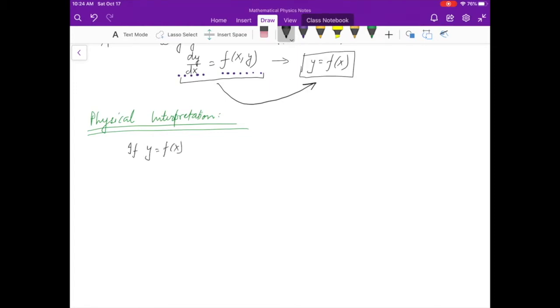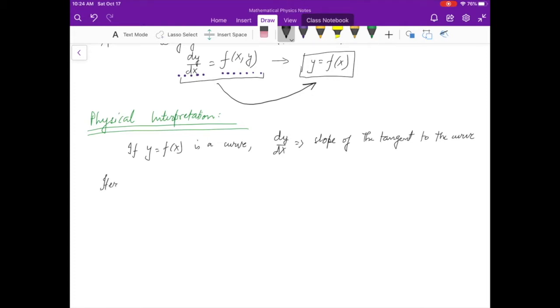So if y equals f(x) is a curve, we are proposing that this is a curve, so dy/dx is essentially the slope of the tangent at a certain point on the curve. This is what it really means: it is the slope of the curve at that particular point.